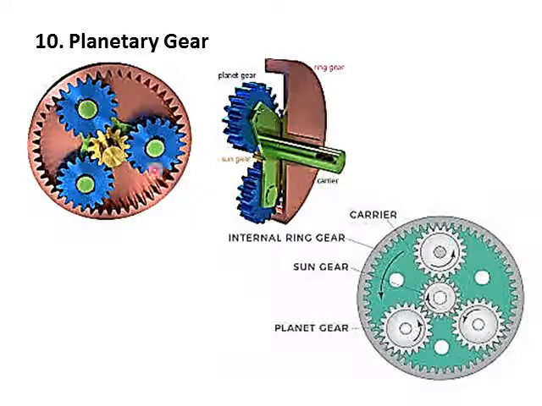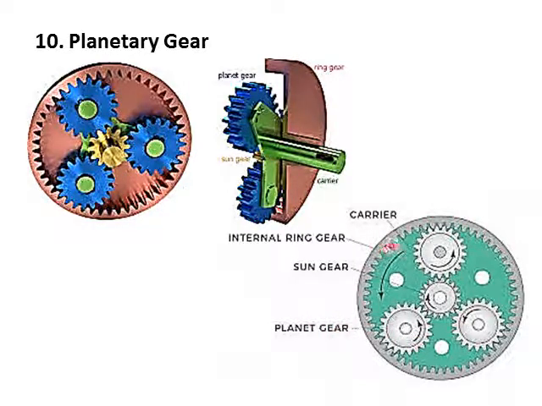This type of gear arrangement is very similar to our solar system, where the central gear, which is mounted on the carrier shaft, is named the sun gear, and the other small gears which are linked to the sun gear and also to the bigger internal tooth gear are named planet gears.